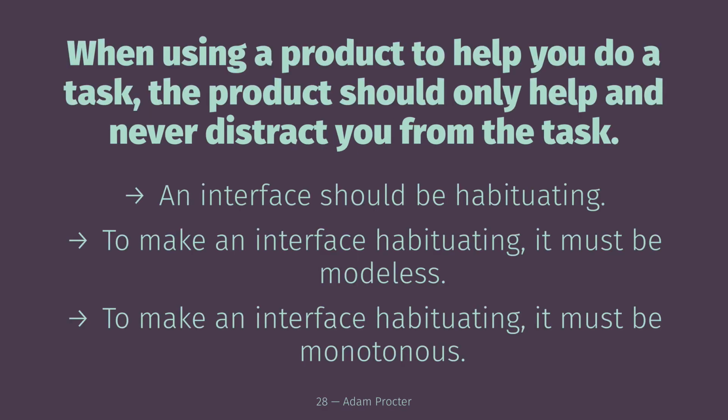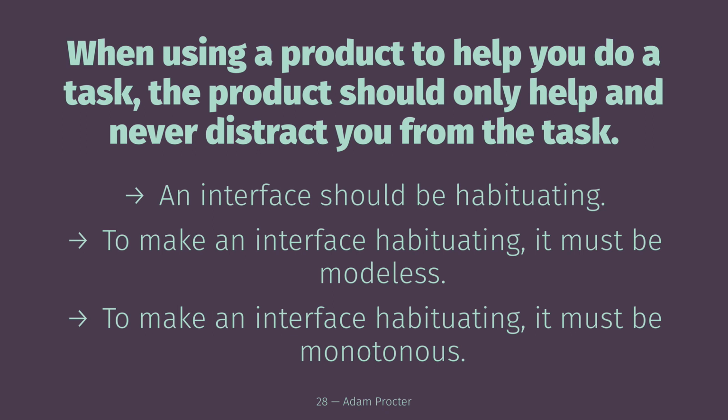So, when using a product to help you do a task, the product should only help and never distract you from the task. And he talks about a way of doing that, which is that the interface should be habituating. To do that, it needs to be modeless and monotonous. Modeless means that it will have the same gestures intending the same results. So you won't go from one screen and find that swiping left suddenly makes you move to the right.